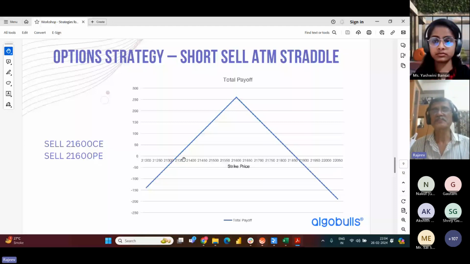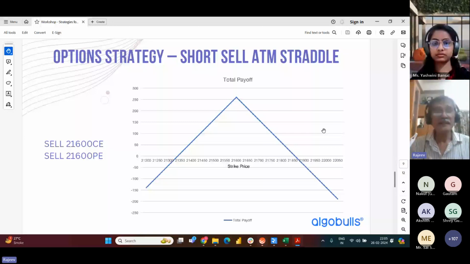So for that position, this is the payoff chart. For different positions of option selling and buying, it will generate different payoff charts. So that's an interesting part of the study in technical analysis, studying those payoff charts.